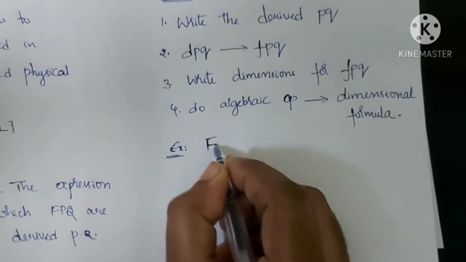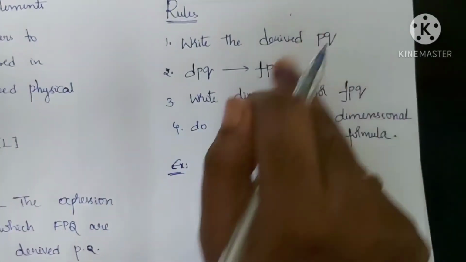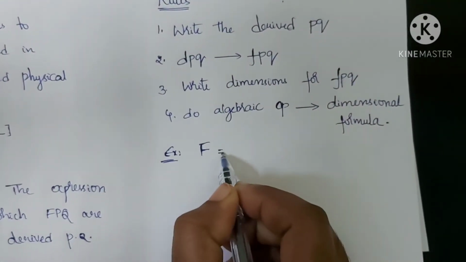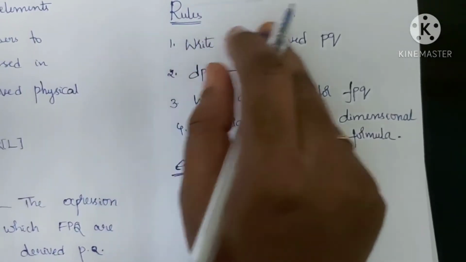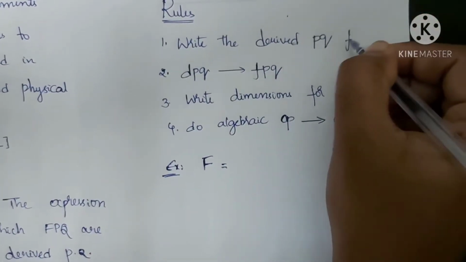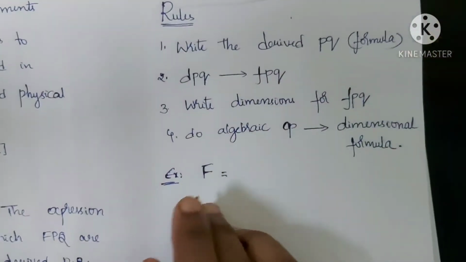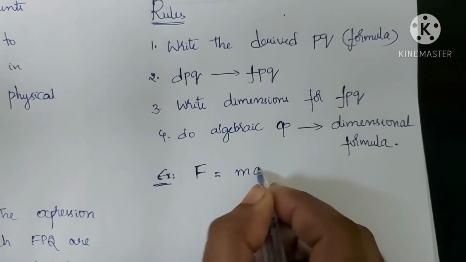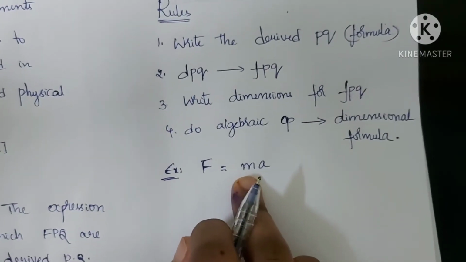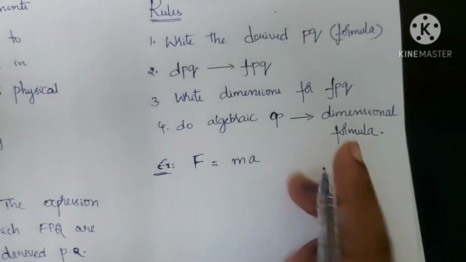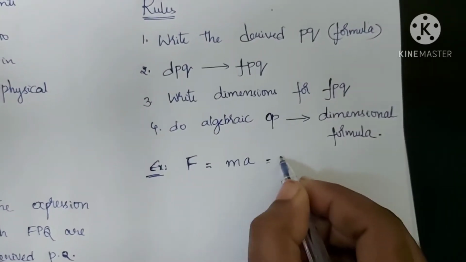I'm writing force. Force is a derived physical quantity. What is the formula for force? Here you write the derived physical quantity along with its formula. Force is equal to mass into acceleration. Mass is a fundamental physical quantity, but acceleration is derived, so I have to convert acceleration again.